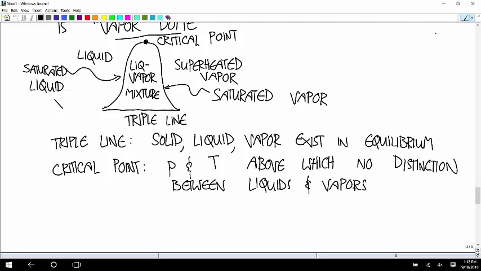And so when you get above the critical point, that stuff that you have that's not really a gas, not really a liquid, is called a supercritical fluid. So it's a fluid. It flows like a liquid or a gas, but it doesn't have the properties of either one.